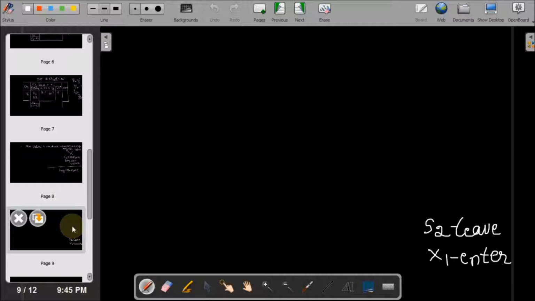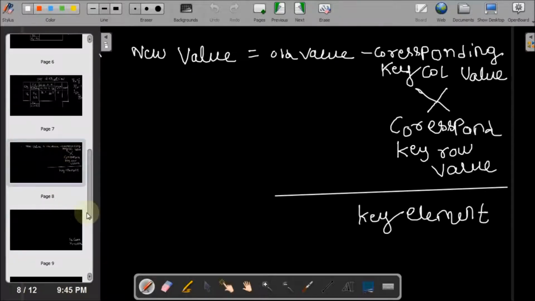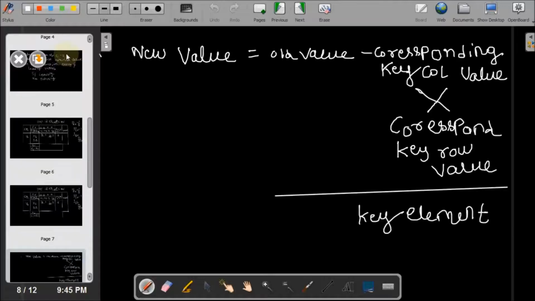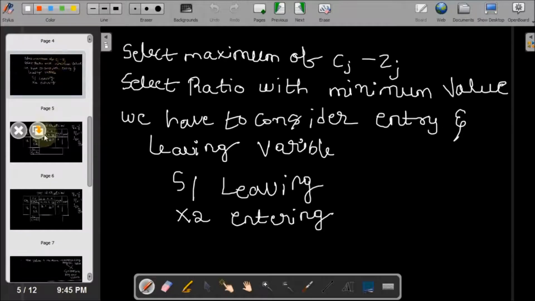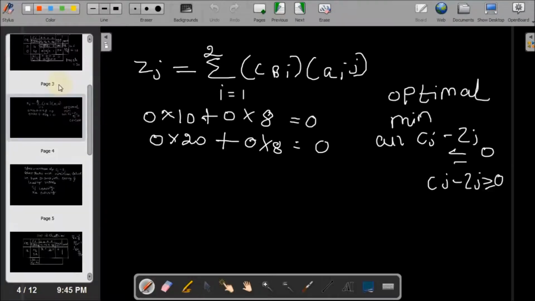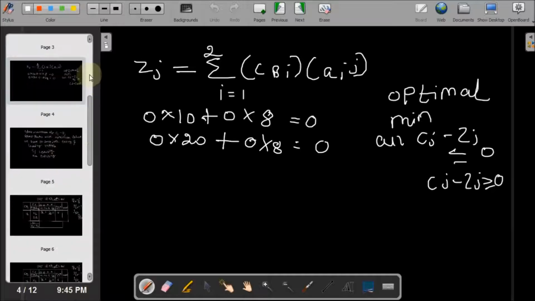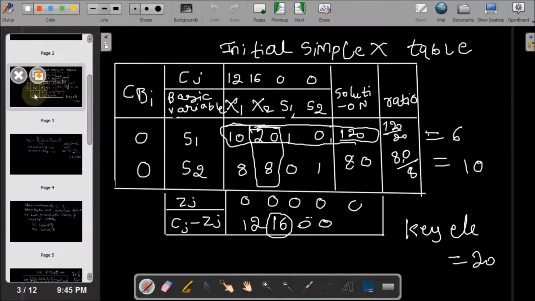Right? See. I will solve this. So very simple. So what is the old value? Simple. See. Take your time. So what is the old value of s2? Old value of s2 is what? 8.